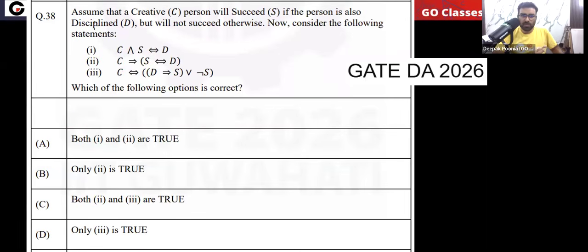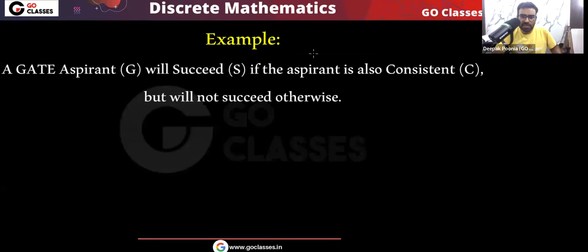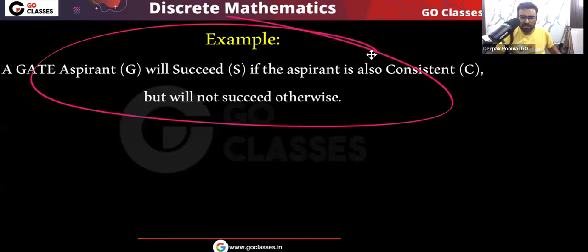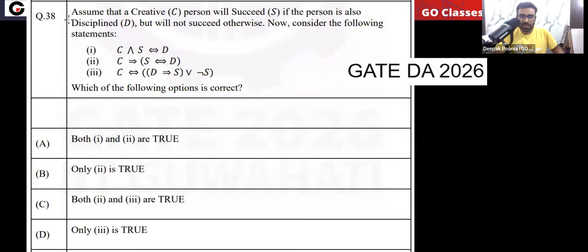Now, before we solve this question, I will take one analogy and then we will understand this statement. Notice one thing, if you read this statement, tell me which type of people this statement is actually talking about. Very simple. Is it talking about all the people or only a specific type of people?